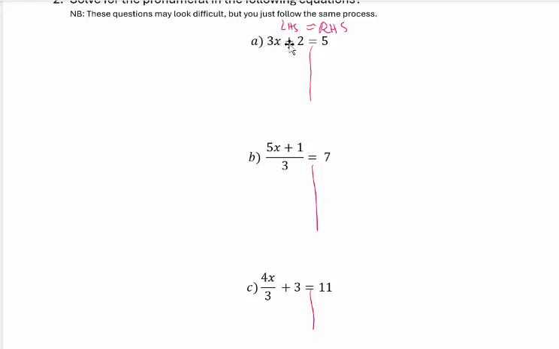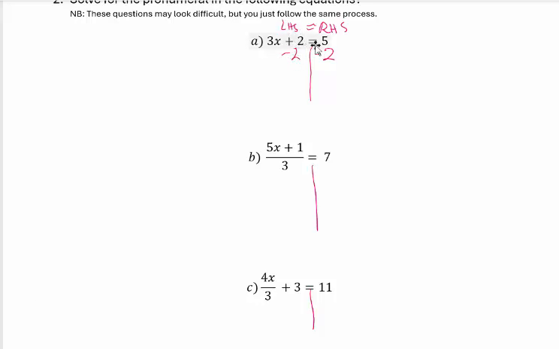So this is 3 times x plus 2. I'm not even going to look at the answer. I'm just going to cover it. 3 times x plus 2. So the last thing I said is plus 2. So the first thing I get rid of is the plus 2. The opposite thing is take 2. Law of the universe says whatever I do to one side, I must do the other.